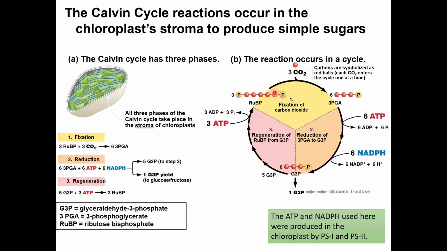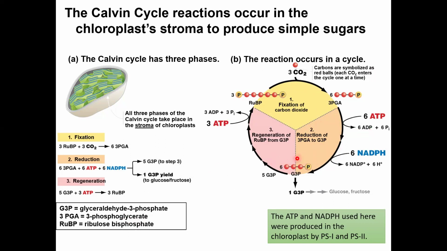The first part is taking ribulose bisphosphate and breaking it down into 3 PGAs, or 3-phosphoglycerate, and then going into the reduction from 3 PGA to G3P, which is glyceraldehyde 3-phosphate.